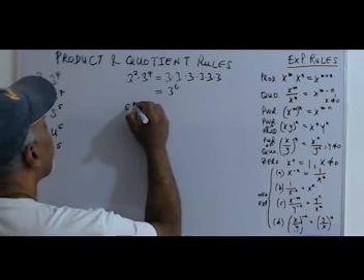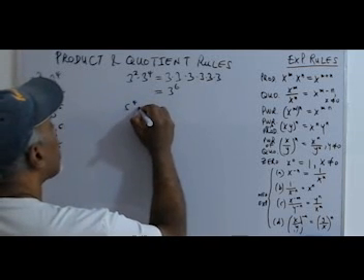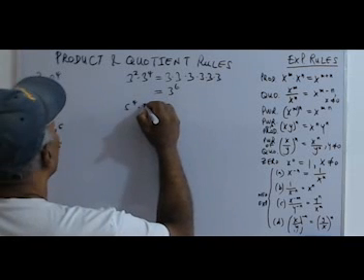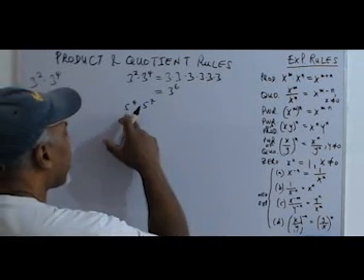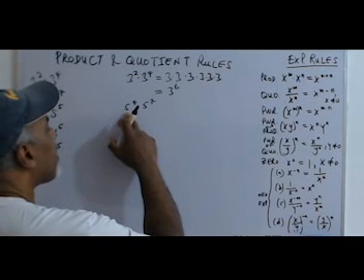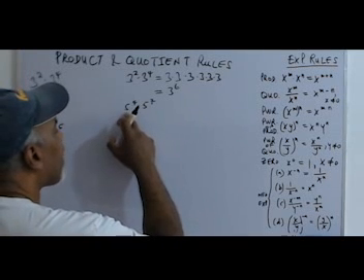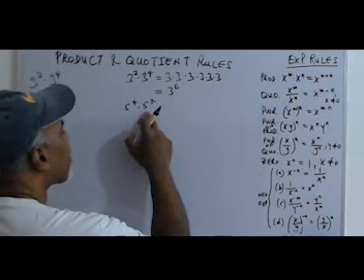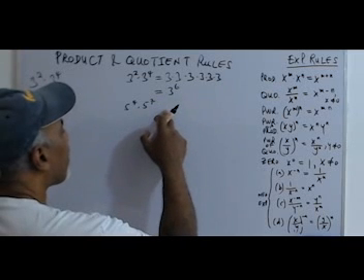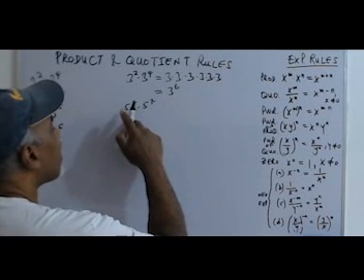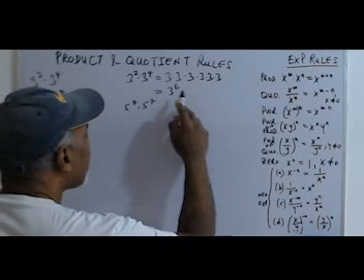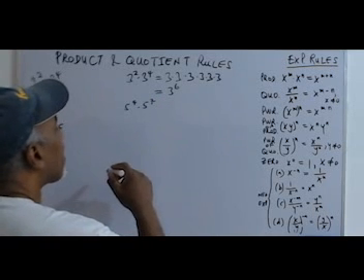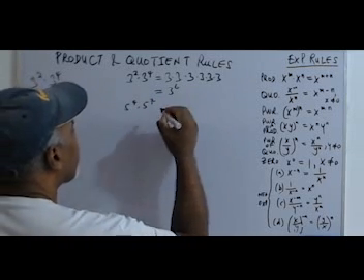Next, we have 5 to the 4 times 5 to the 7th. Now, I could do this the same way, multiply 4 factors of 5 by 7 factors of 5 for 11 factors of 5, but as the exponents increase, the amount of work and writing that we have to do increases tremendously.